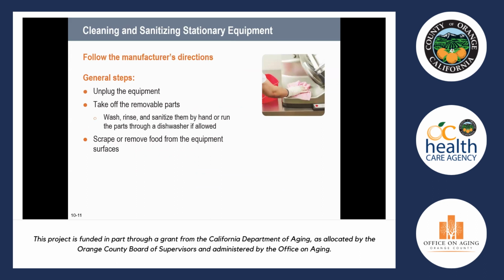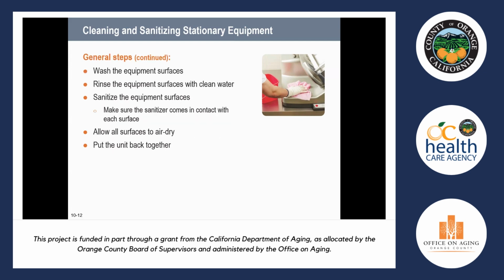With cleaning and sanitizing stationary equipment, please follow the manufacturer's directions. General steps include unplugging the equipment, taking off all removable parts to wash, rinse and sanitize, and scrape or remove food from the equipment surfaces. Wash the equipment surfaces using a cleaning solution prepared with an approved cleaner.